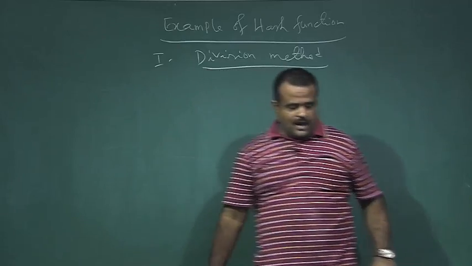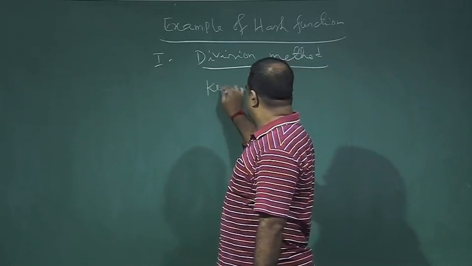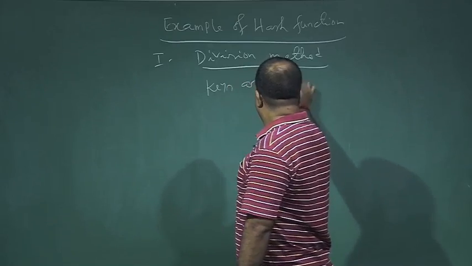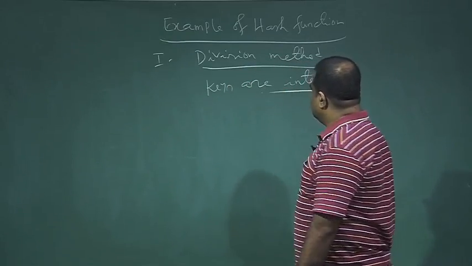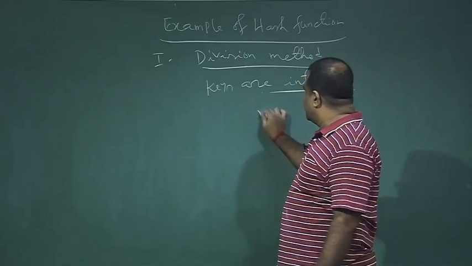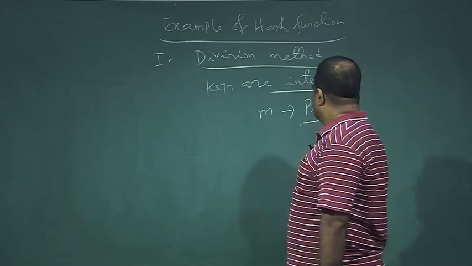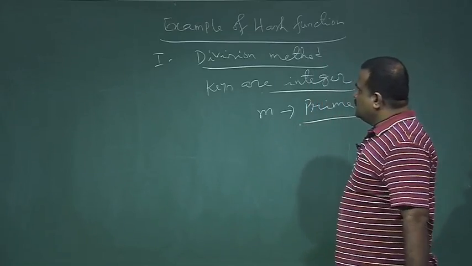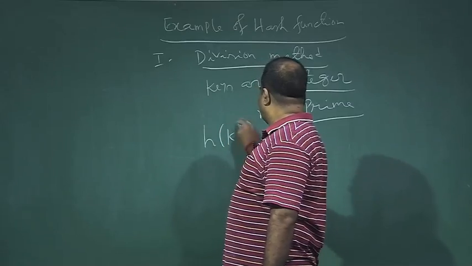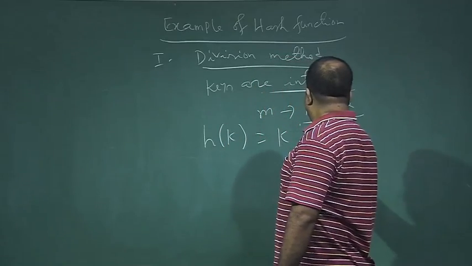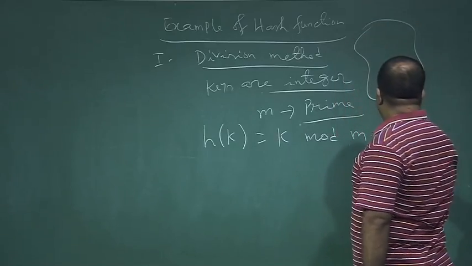Suppose our keys are integers, and for our table size we choose m, usually a prime. So, keys are integers, and the hash function on this key is basically k mod m.